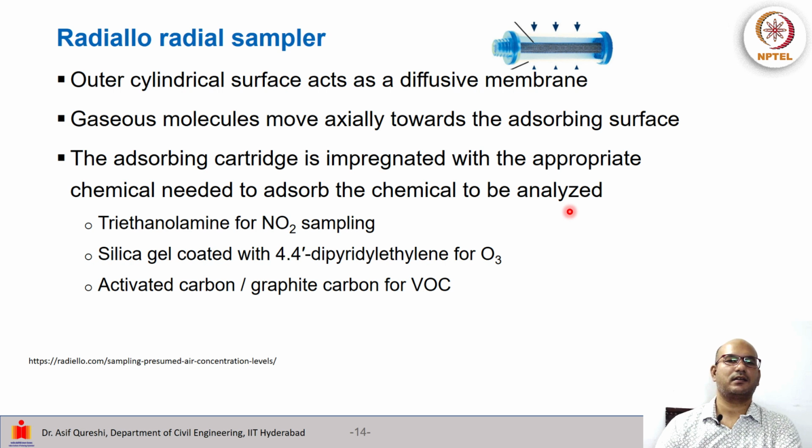So this coating could be of this appropriate chemical, which is triethanolamine for NO2 sampling. It could be silica gel coated with 4,4' dipyridyl ethylene for ozone, and activated carbon or graphite carbon for the VOC analysis.